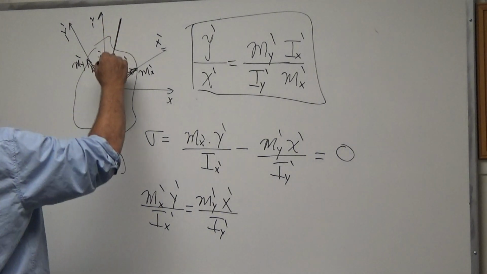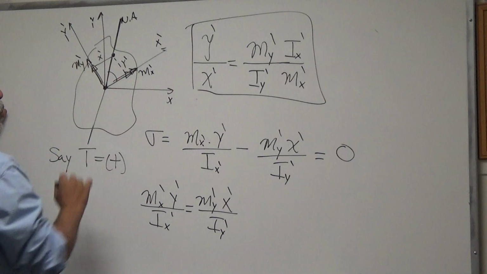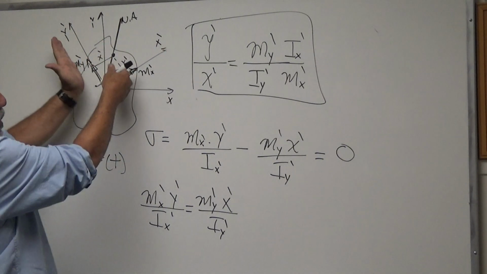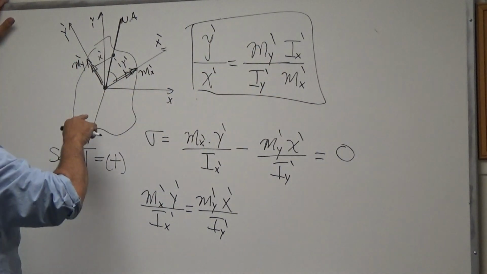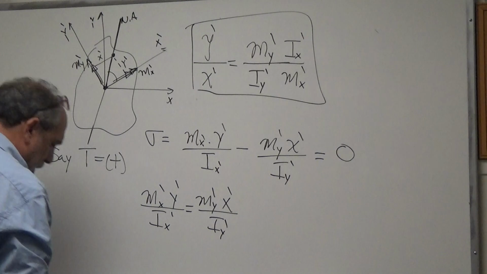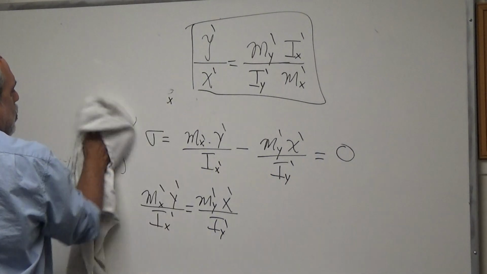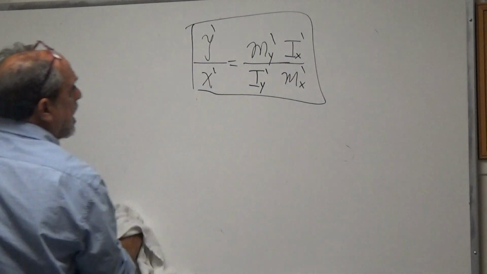So this would be the neutral axis. Now, 45 degrees with respect to what? With respect to the principal coordinates. Remember, the formula relates to the principal coordinates. So I want to be clear, so I erase this because it's too messy and just focus on the formula for a second.